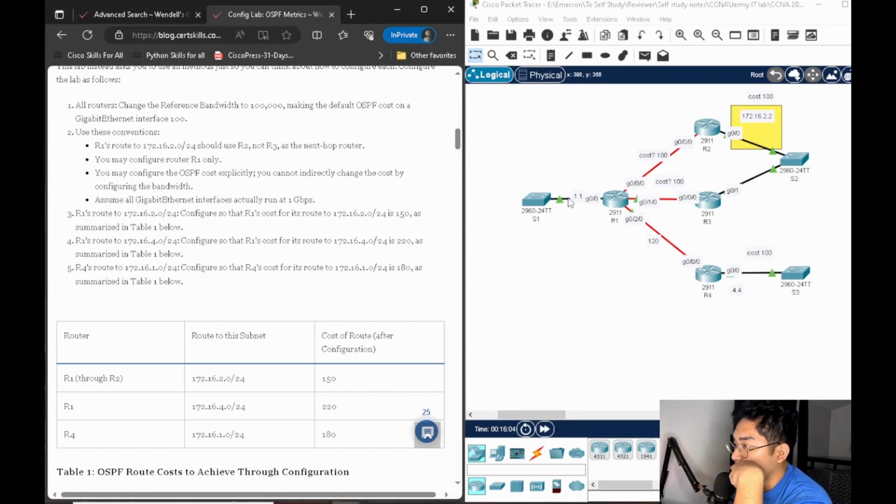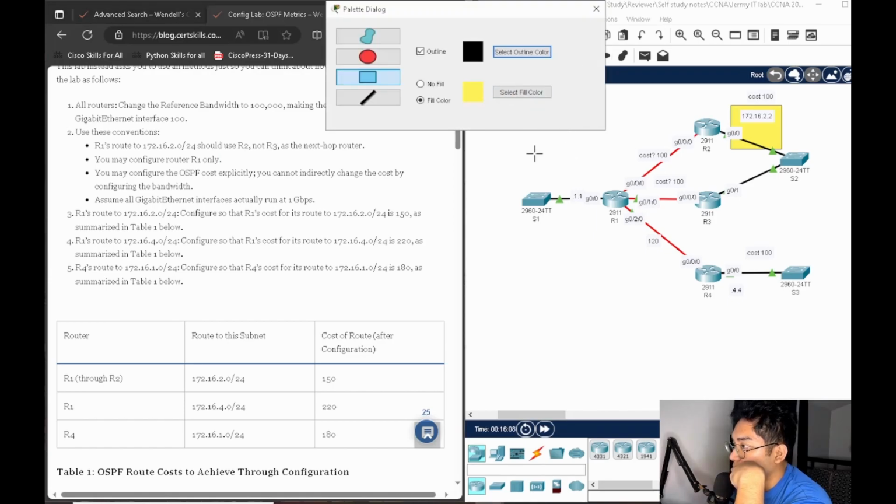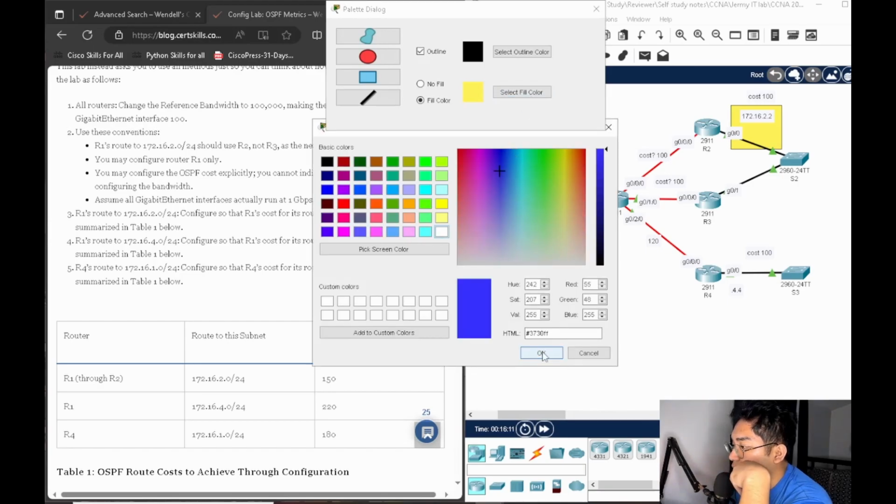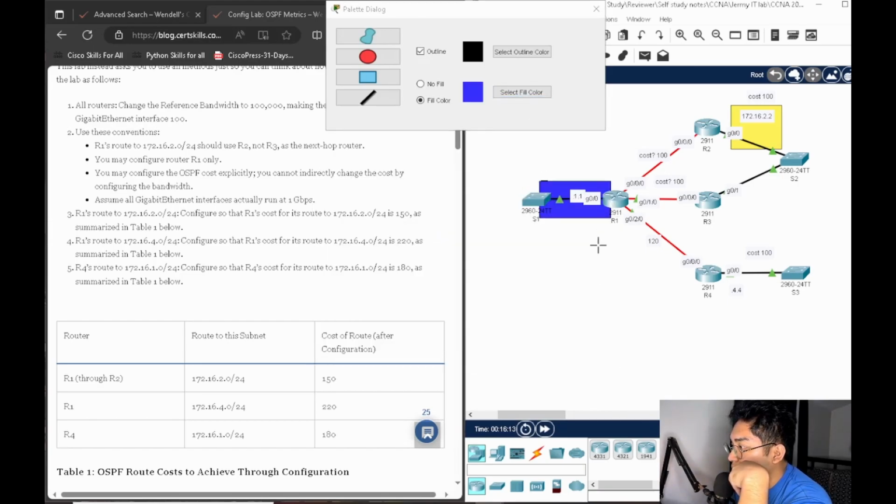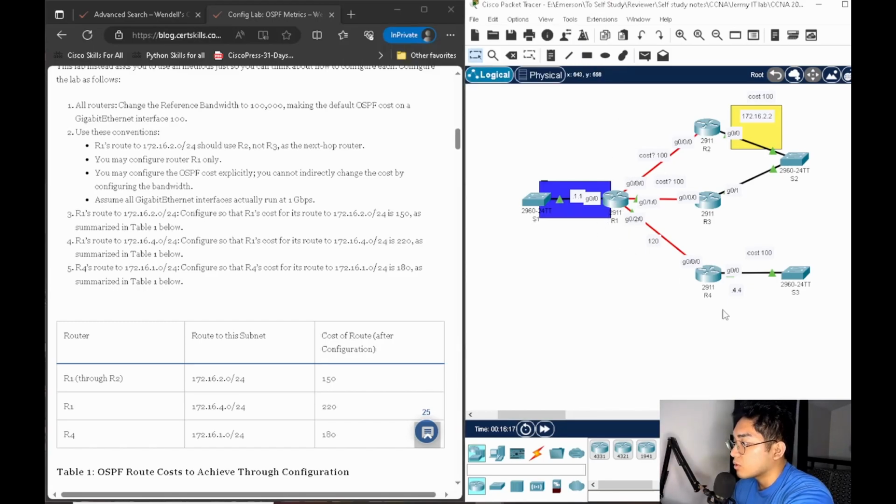So we're going to change this cost instead, so that R4's route to that one subnet will be 180.